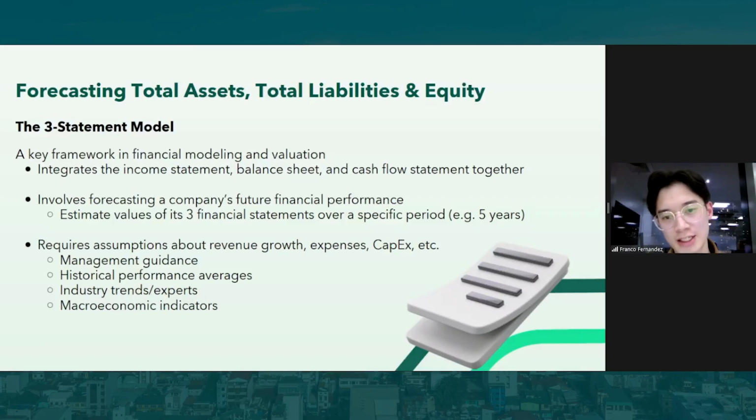It involves forecasting a company's future financial performance, estimating the values of its three financial statements. So you'd have to forecast its total assets, its future debt, its revenue, and its other expenses like interest. You'd also have to forecast receivables, payables, PPE (property, plant and equipment), intangible assets, and such. Basically, anything found in their financial statements would have to be forecasted in their three-statement model.